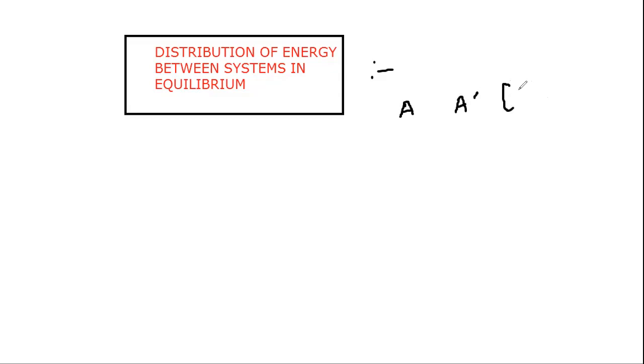As I told you in the last lecture, macroscopic system means that its number of degrees of freedom is large. So today we are going to talk about this thermal interaction between these two macroscopic systems, A and A prime, in detail.